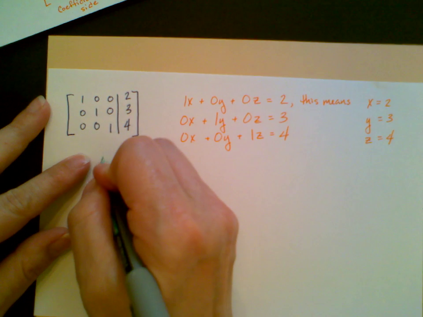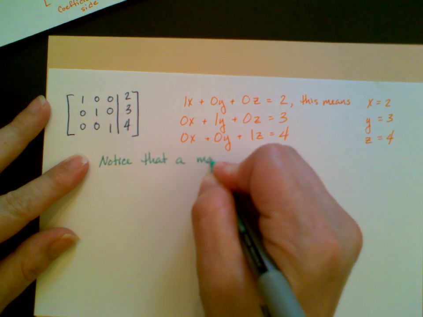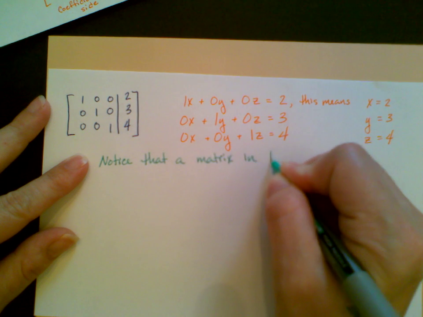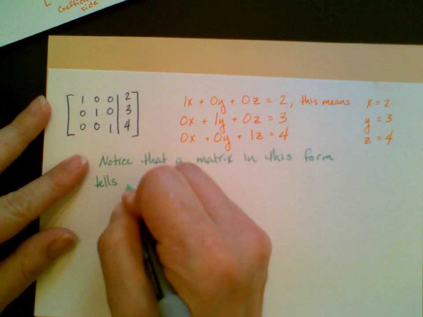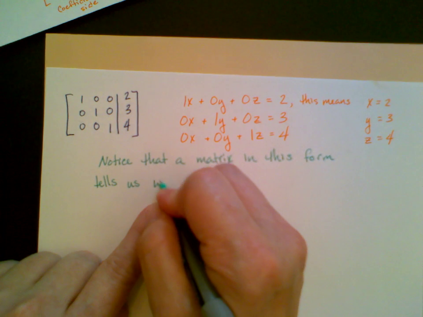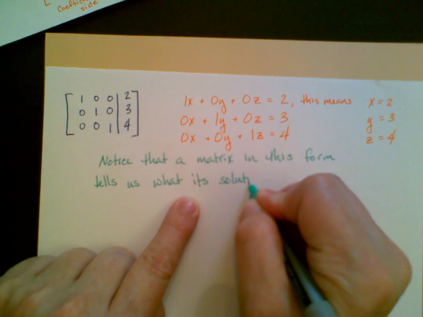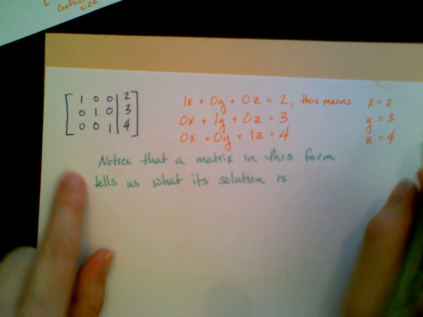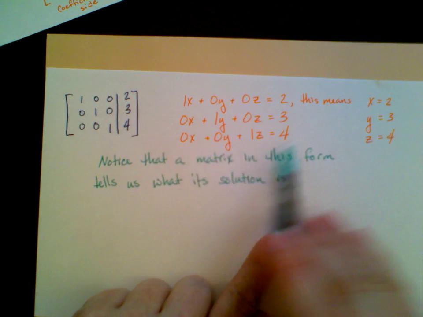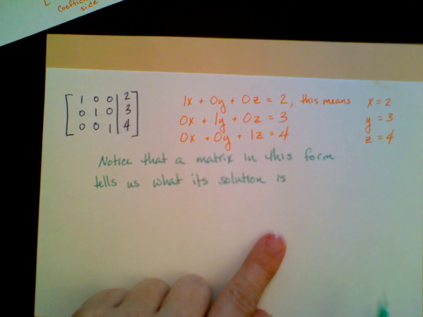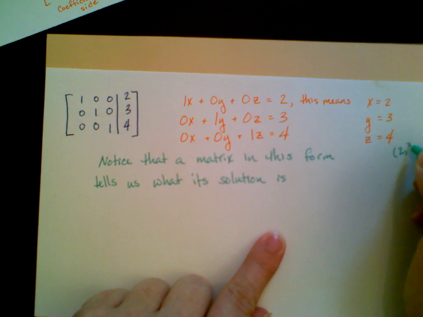So notice that a matrix in this form tells us what its solution is. Because the solution of any system of equations is a point, and this is a three-dimensional system, so its point has to have 3 coordinates. And so the solution to this one is the point (2, 3, 4).